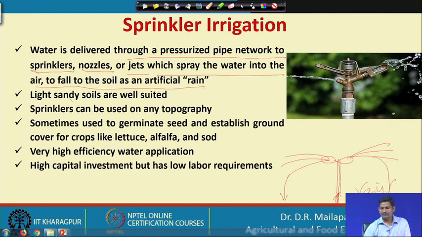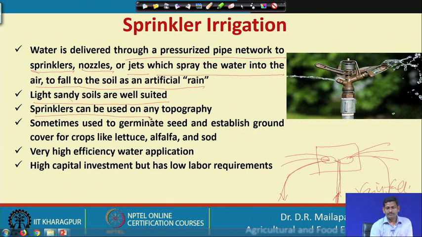The design of the sprinkler head is very important, and the design will vary with the different flow rates or discharge rates we expect. Light sandy soils are very well suited in this case.